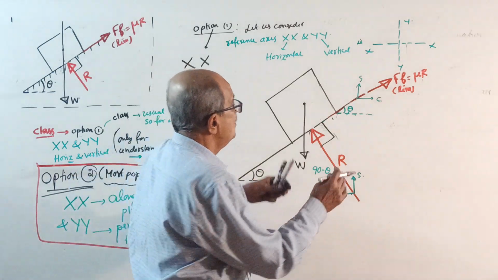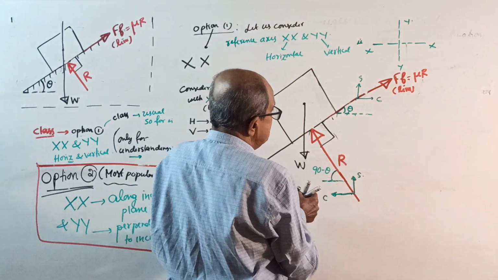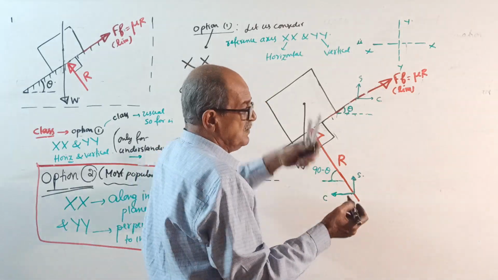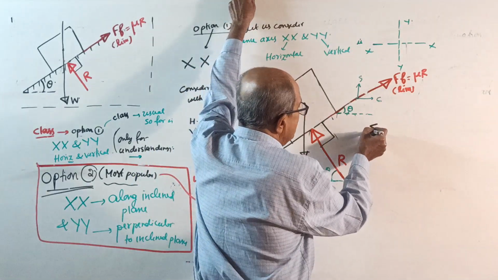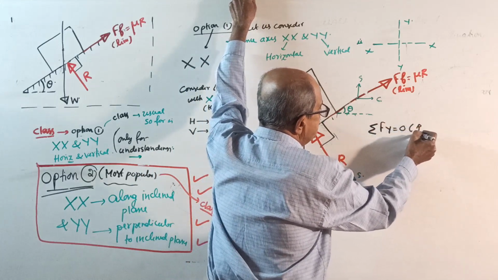Okay, start now. First make the usual sigma Fy equal to 0. Usually in all friction problems, sigma Fy equal to 0 is best first. Take upward positive.